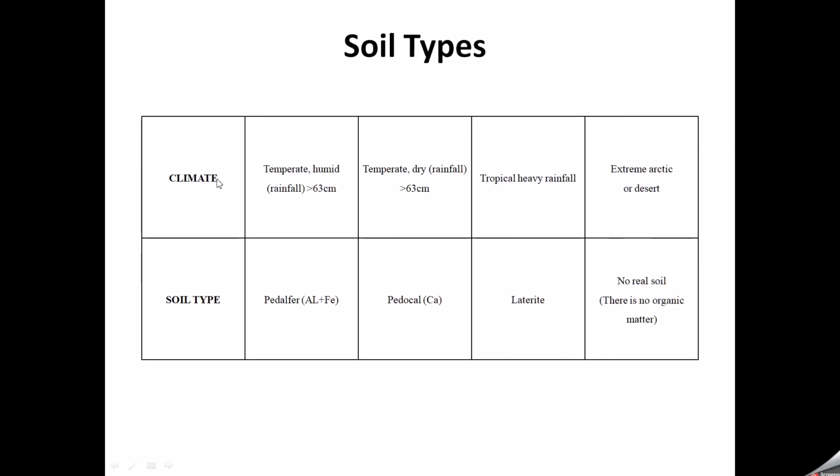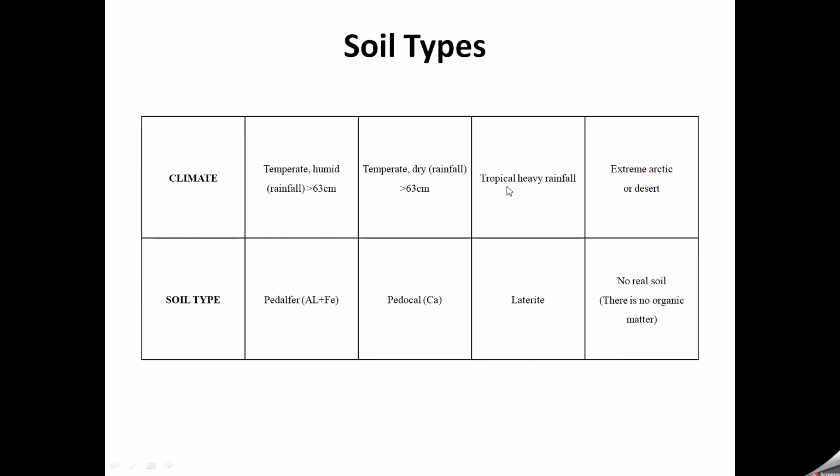Soil types. Based on climate, we'll have different soil types. If it's temperate, humid, and rainfall is more than 36, we'll get pedalfer, which is rich in aluminum and iron. And if it's temperate and dry, here temperate and humid, but this temperate and dry, and the rainfall is still high, more than 63, we'll get pedocal, which is rich in calcium.